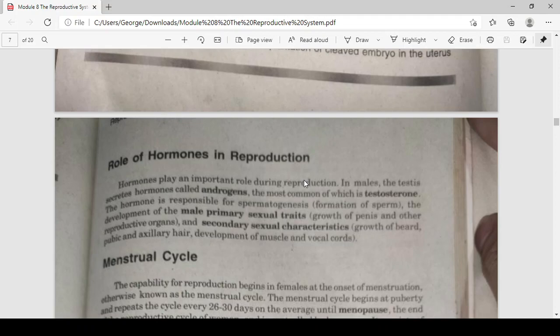The secondary sexual characteristics are growth of your beard, your pubic and axillary hair, and development of muscles and vocal cords. So kids, the more testosterone you have, the faster your muscles grow and the deeper your voice. If you cannot tell whether a voice is male or female, then the concentration of testosterone is low, while with a lot of testosterone hormones, you are muscular and your voice is deep.